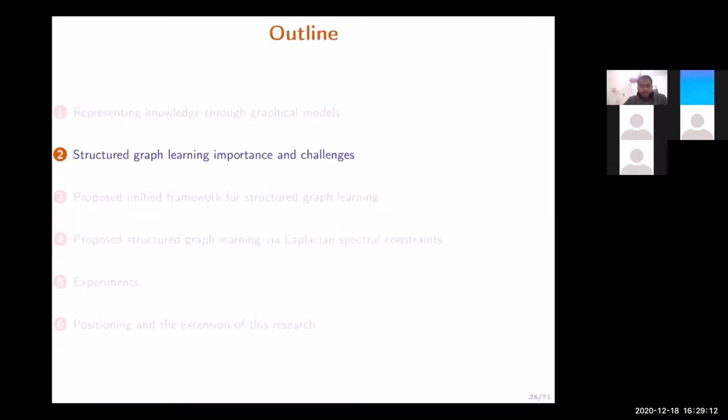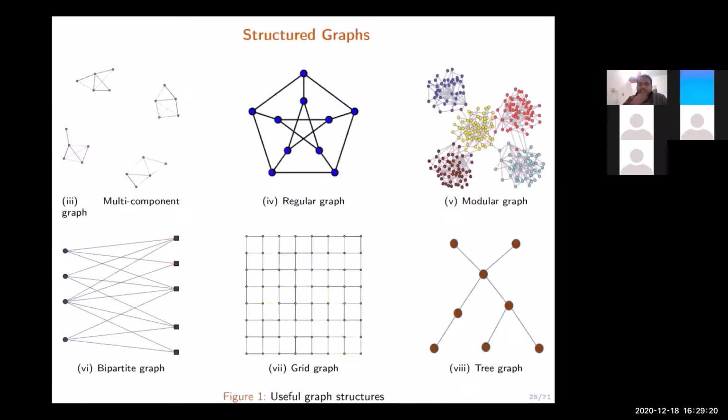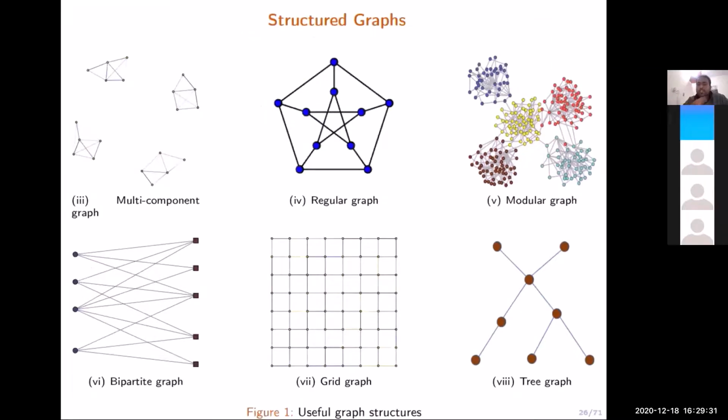But they are not able to enforce one very important property of a graph, that is structure. Eventually, we want to capture structure with the graph, like how well the data are connected. But the existing methods do not enforce structure on the learned graph.